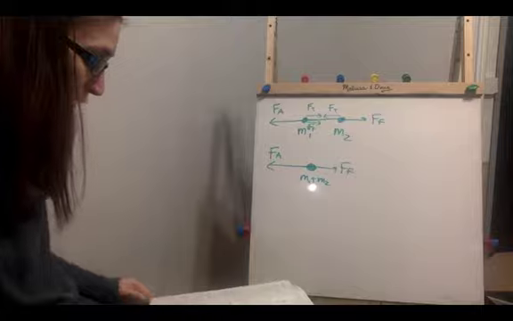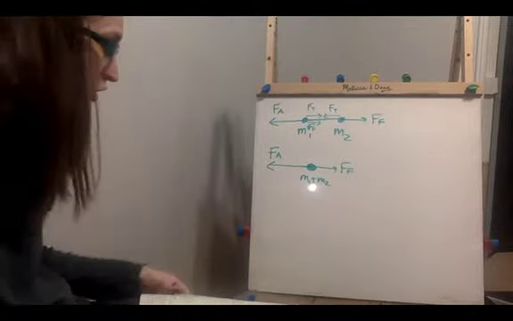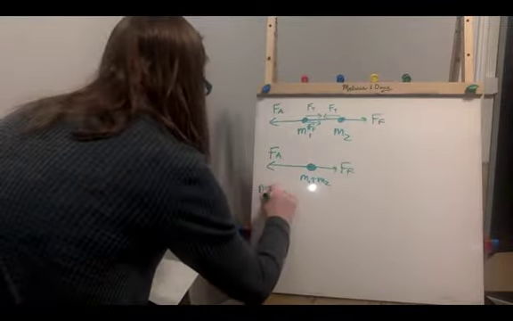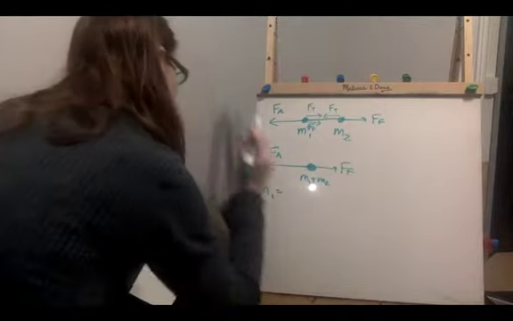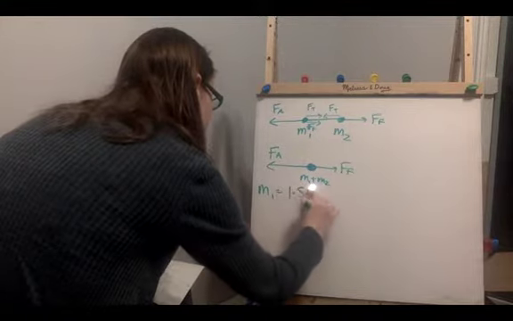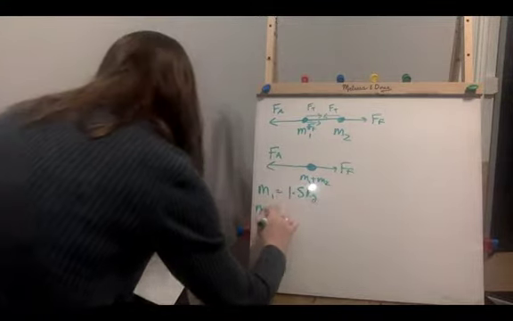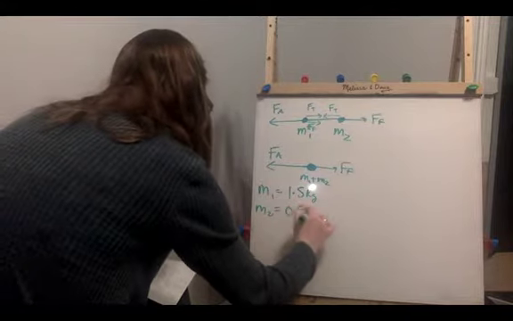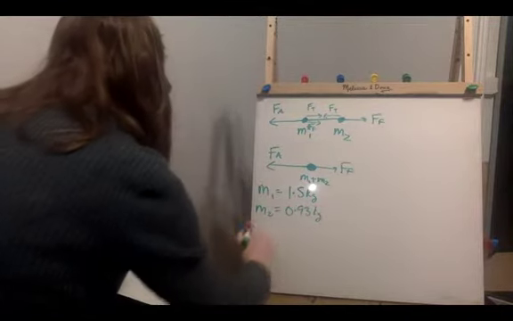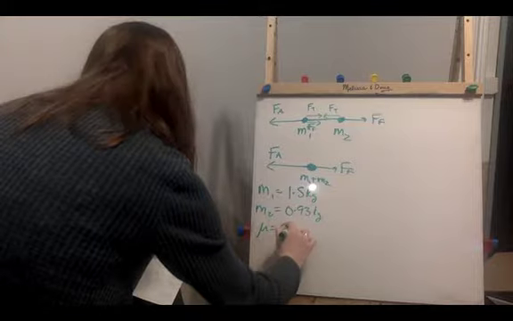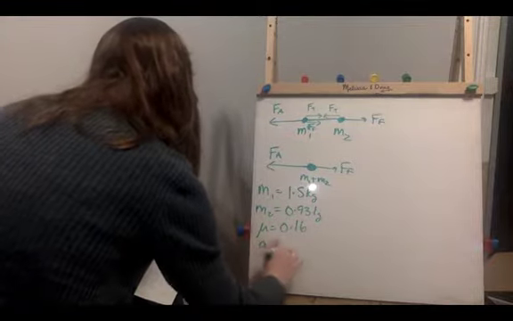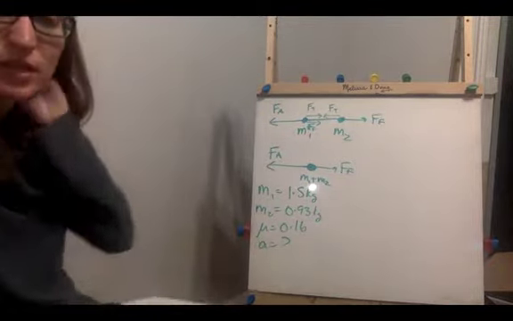So if we're going to find the acceleration here, we need to know our values. The mass of the first block was 1.5 kilograms. The mass of the second block was 0.93 kilograms. Our coefficient of friction was 0.16, and we've been asked to find the acceleration of the system.